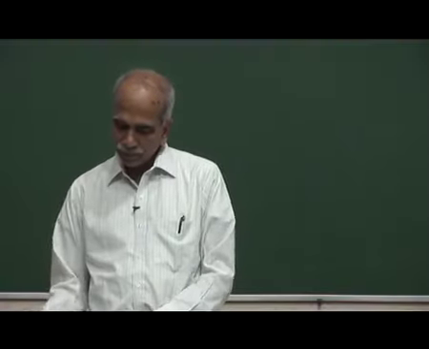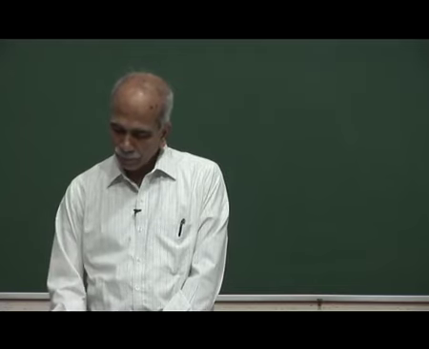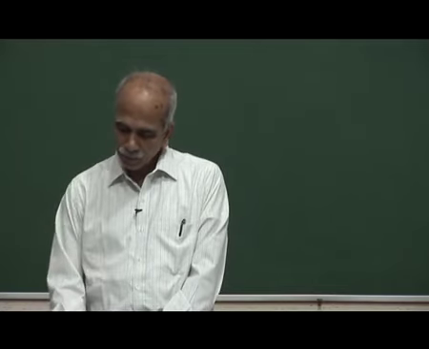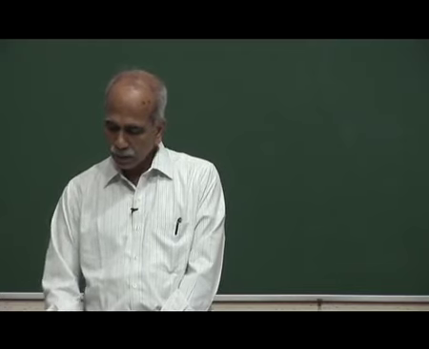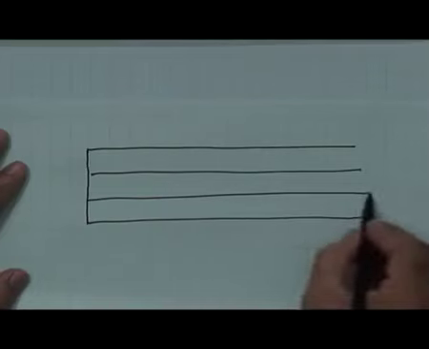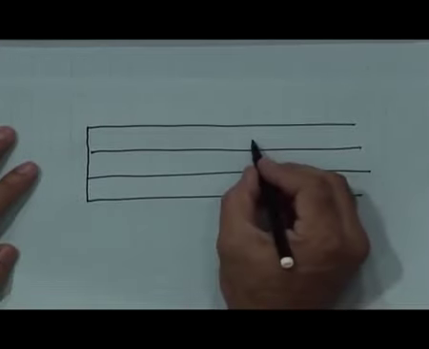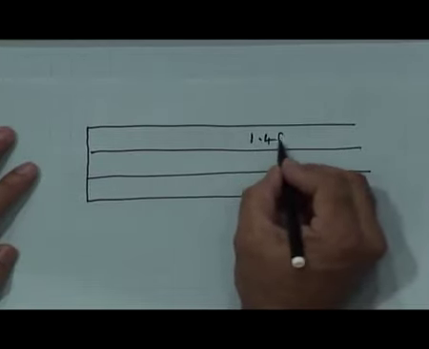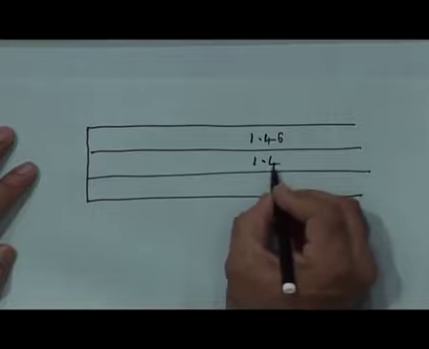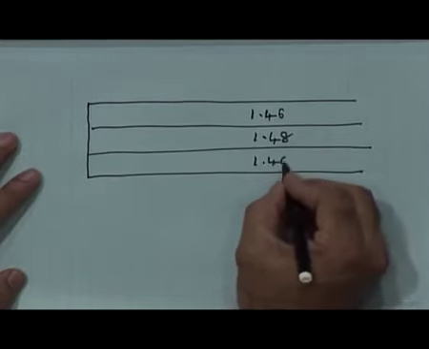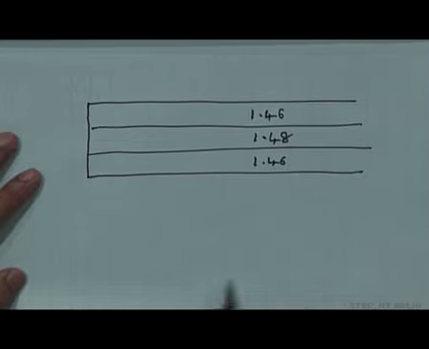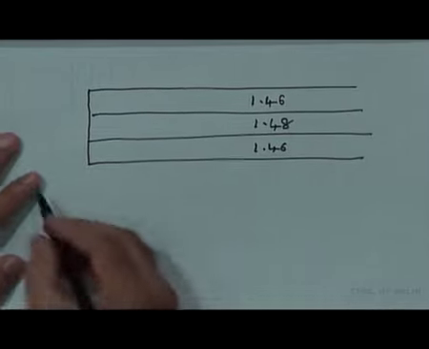So, we have here this is the optical fiber. So, it is given that the refractive index is 1.48 and 1.46, because this is the outer layer which is the cladding and this is the core layer.